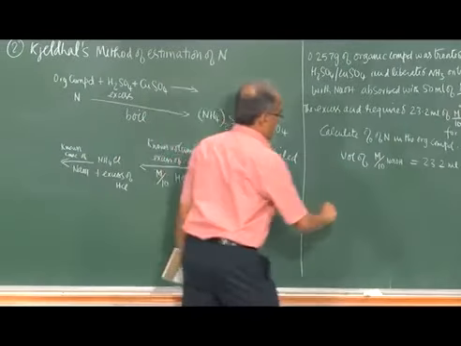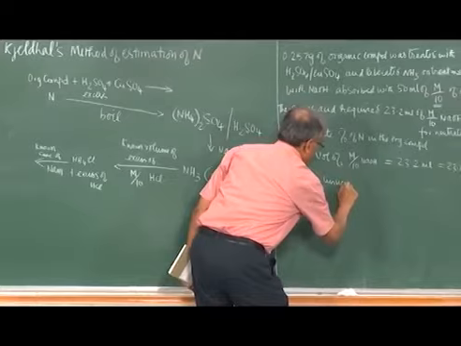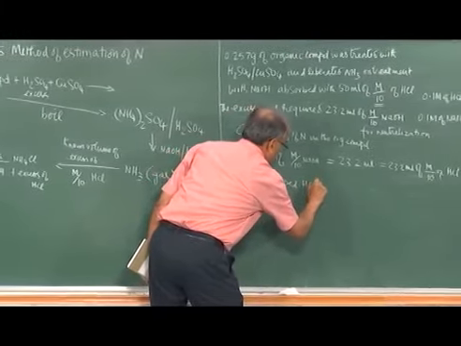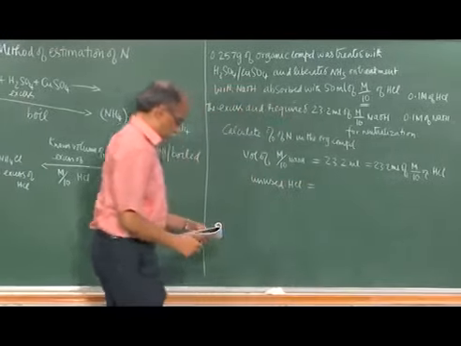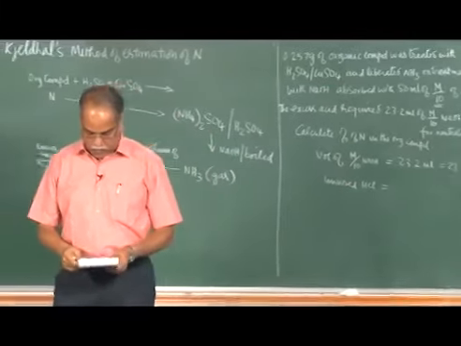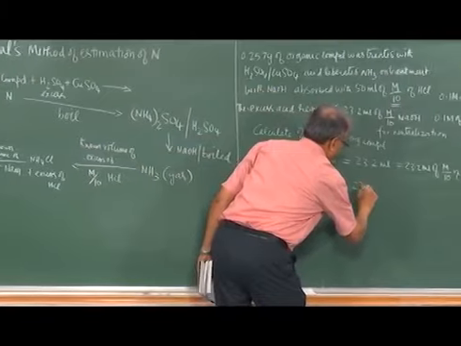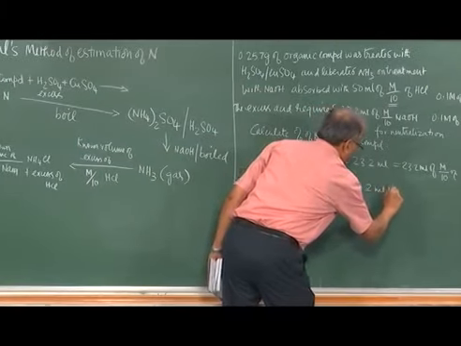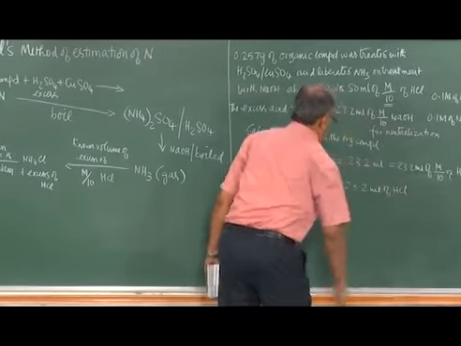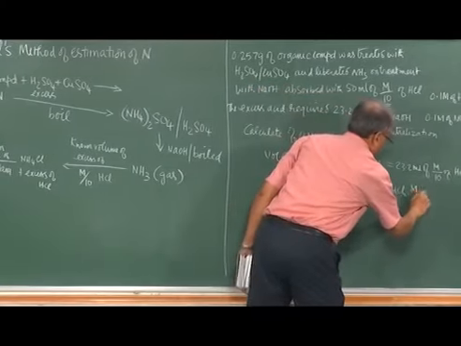Therefore, the excess unused HCl is equal to 23.2 ml of HCl of M/10 molarity.